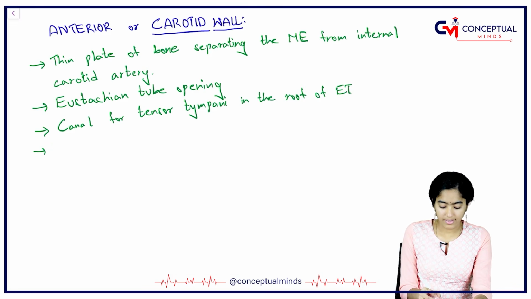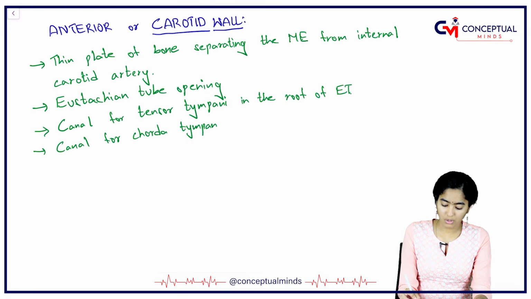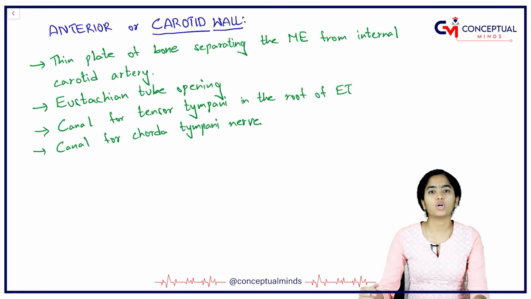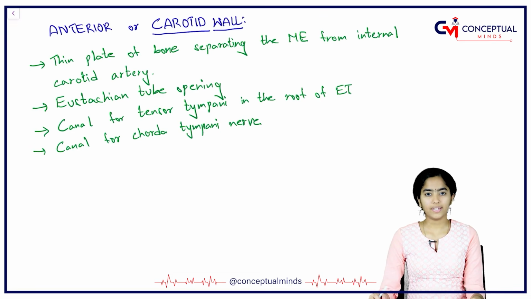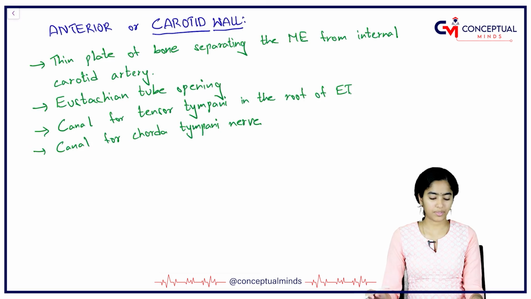Then there is another canal for chorda tympani nerve. What is chorda tympani? It is a branch of the facial nerve. So in the anterior wall, there is a canal for the chorda tympani nerve. The chorda tympani nerve is traveling through the anterior wall of the middle ear. So these are the important points about the anterior wall. This is also pretty simple.